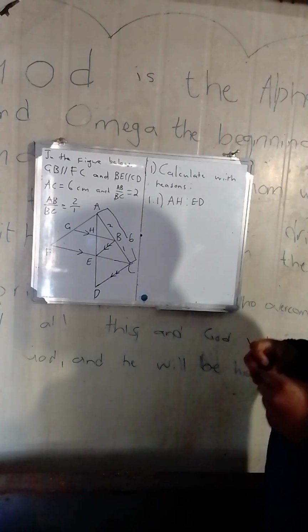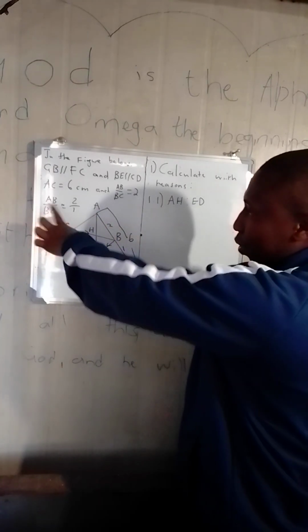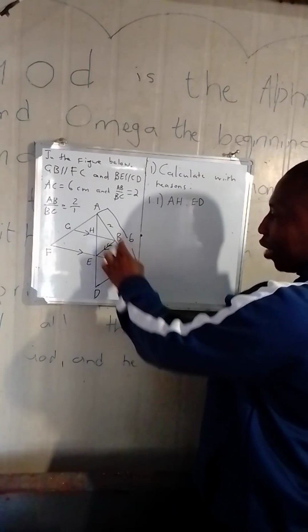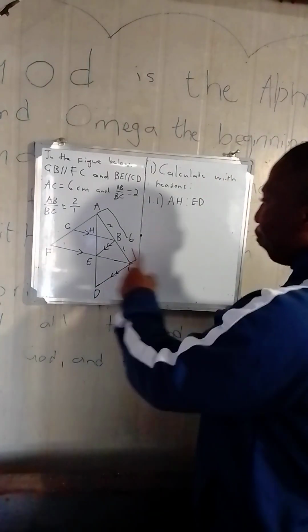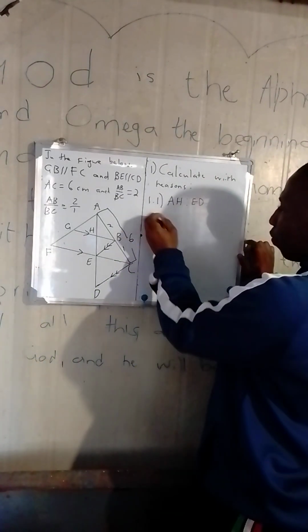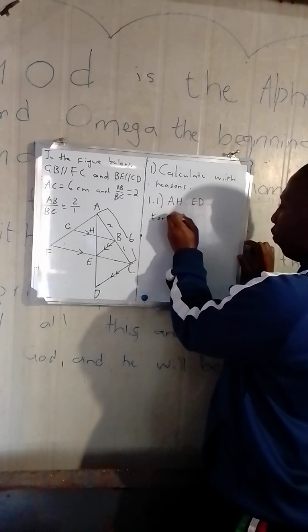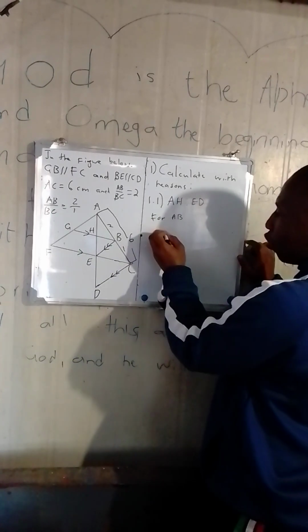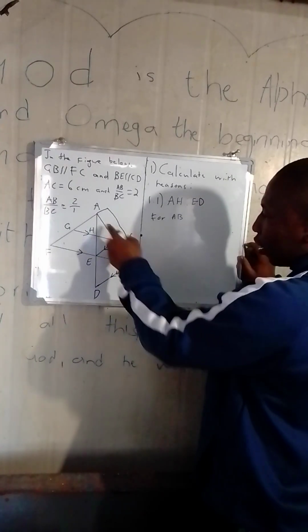Right, people? We've been given the length of AC and the ratio of AB is to BC. Now we can find AB and BC. So let's find AB. Whenever determining the ratio, you add the ratio parts.